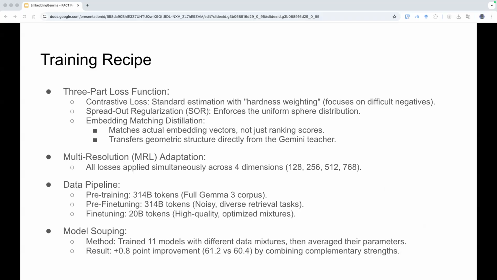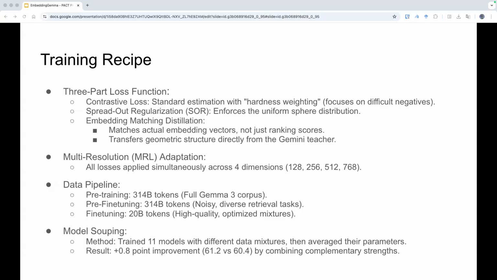So the training recipe has three different losses: contrastive loss, spread-out regularization, which is their innovation, and embedding matching distillation, which is also one of their innovations. Think of embedding matching distillation as distillation with a larger embedding model, trying to copy the structure of the internal learned representations of the Gemini model into the Gemma model.